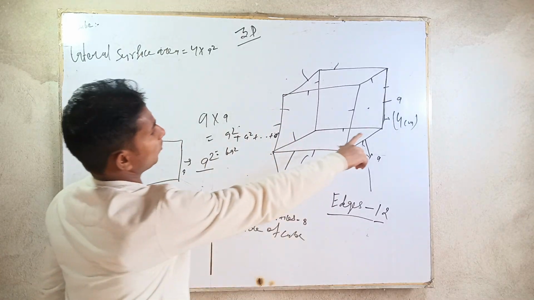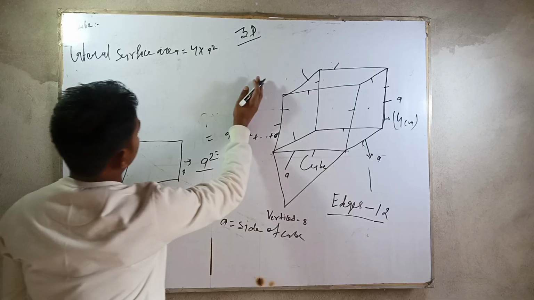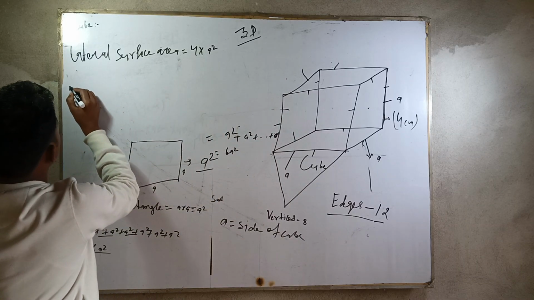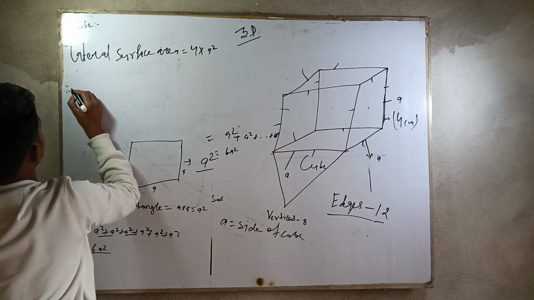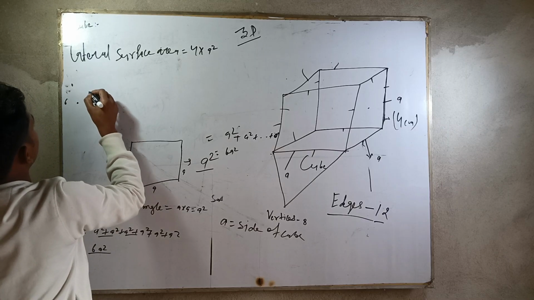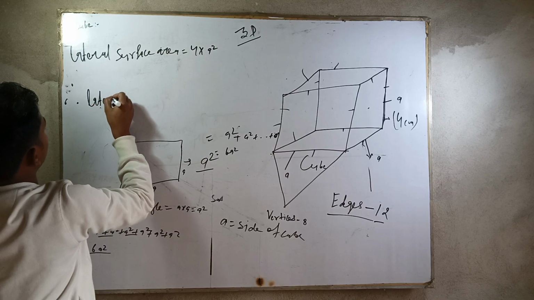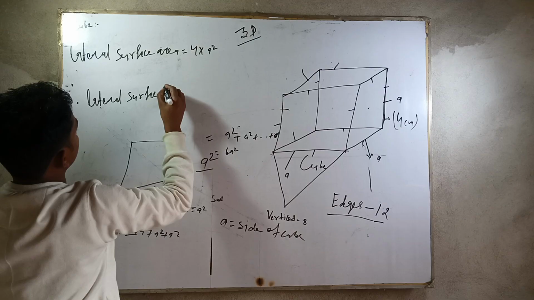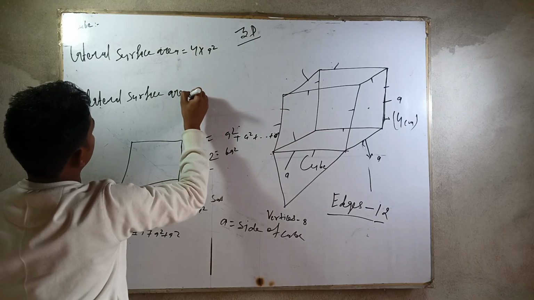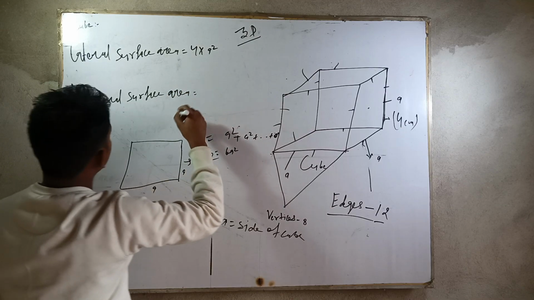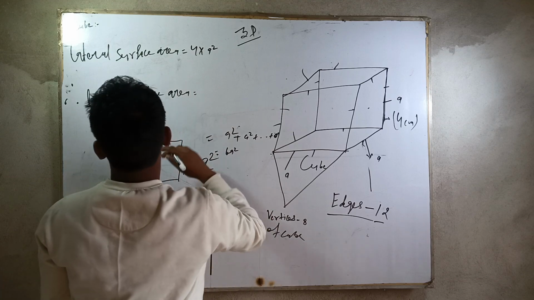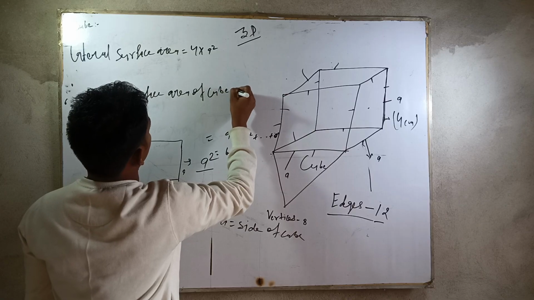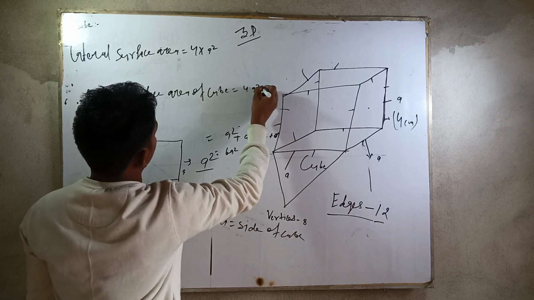If one side is given as 4 centimeter, then what will be the lateral surface area of the cube? Lateral surface area of cube equal to 4a square.